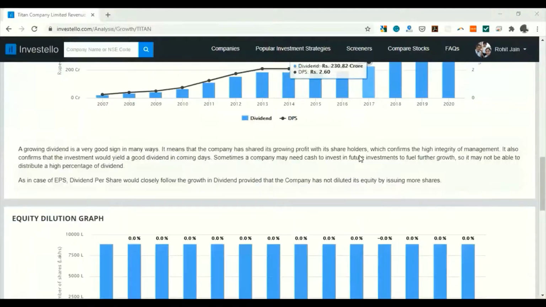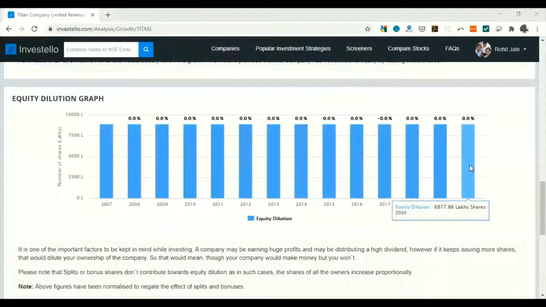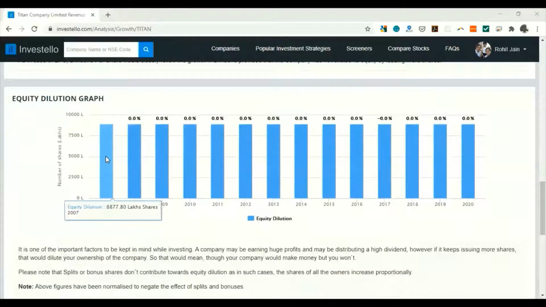And let's now look at the equity dilution graph. In 2007, the number of shares were 8,877.80 lakh, and in 2020 as well, it is same. Please note that this has been normalized for splits and bonuses.